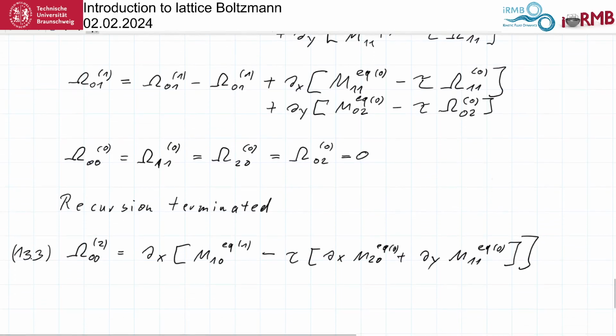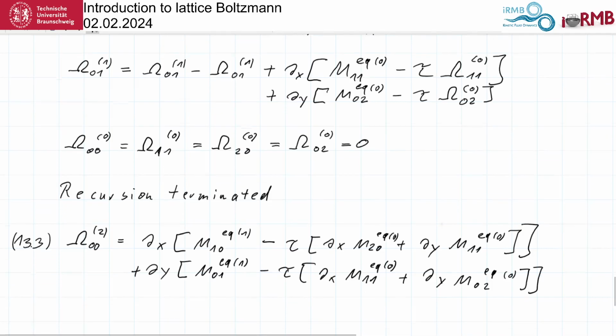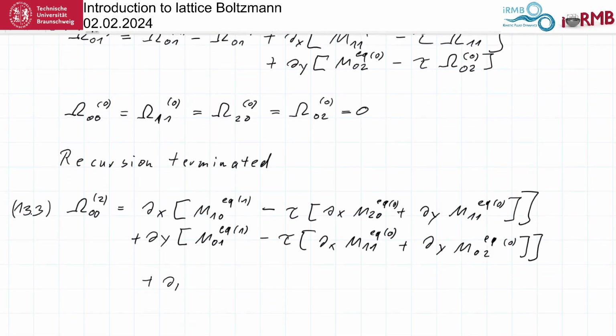Okay, plus the y part: dy m01 equilibrium to first order minus tau dx m11 equilibrium to 0 order plus dy m02 equilibrium to 0 order plus dt m00 equilibrium to 0 order.